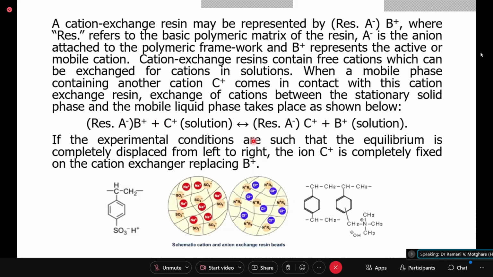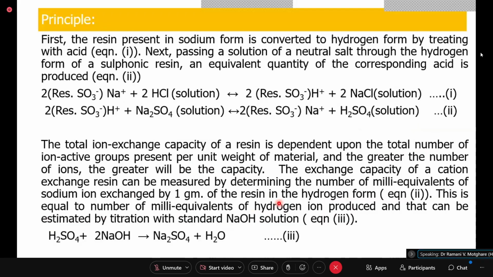So the resin having SO3 minus will retain the sodium or calcium or magnesium, whatever cation is there, and the earlier present material will be released. That is how an exchange takes place.